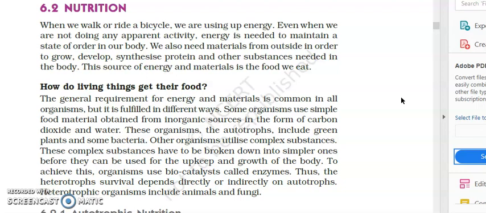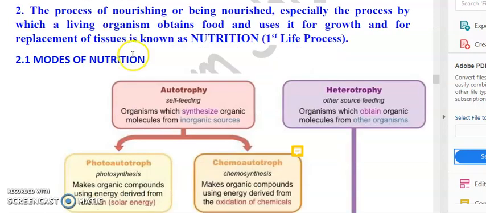And of course, this entire process of obtaining carbon-rich sources or food which will create energy is called nutrition. Depending upon different organisms in different environments, the modes of nutrition are also variable.